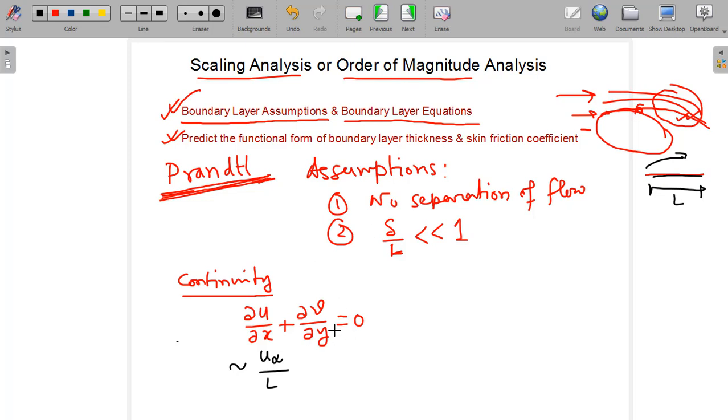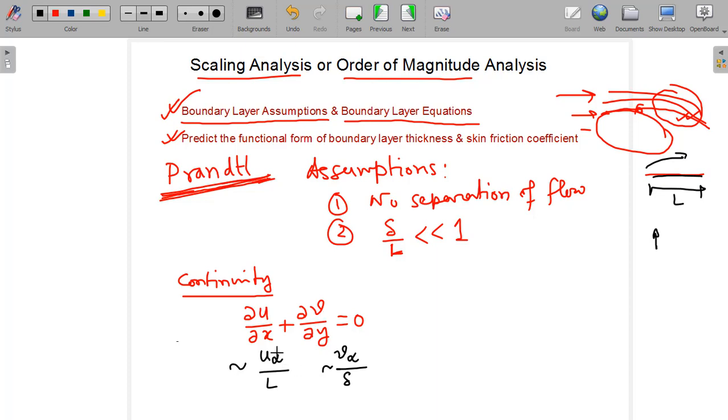What is the order of magnitude of the second term? v is the y component of velocity. We do not know its maximum value, so let us consider it to be v infinity at the edge of the boundary layer, and the maximum value of y is delta.